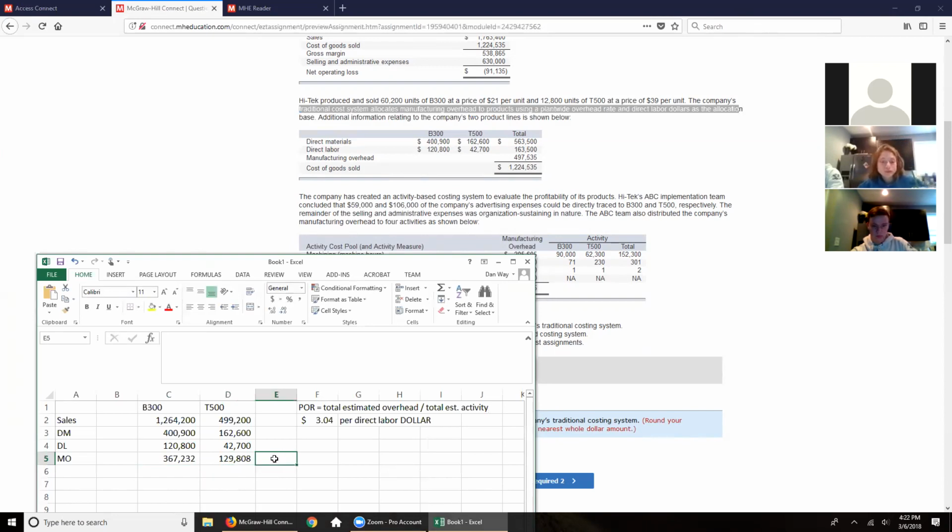And one nice thing about what we're doing here is if I add these up, with rounding, I should get the total amount of manufacturing overhead for the period. Now we're off a few hundred dollars because if we push the decimals out, it's 3.04 and some decimals. But I always want to make sure I've accounted for all of that overhead, no matter how many products or divisions or however I'm divvying this up.